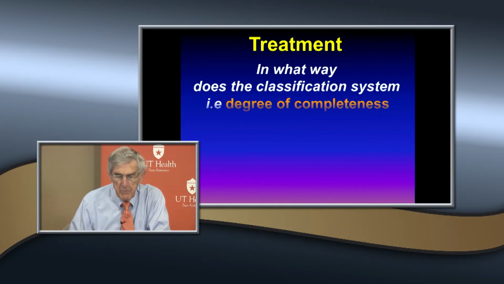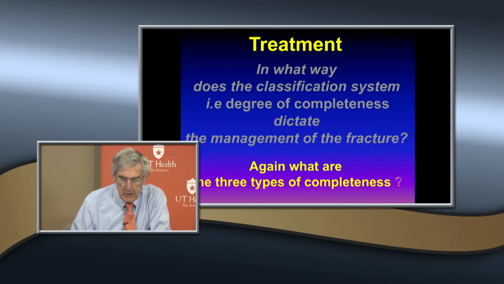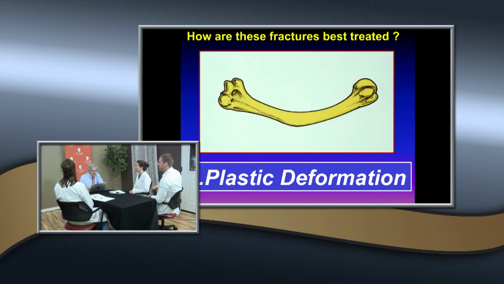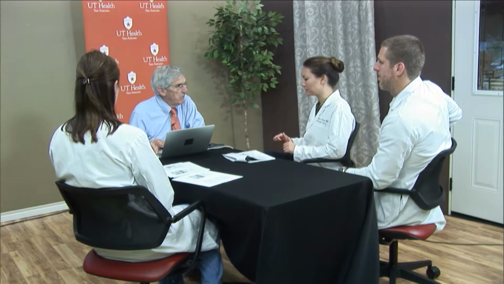Okay, the treatment. So, how do we classify the degrees of completeness? How does that dictate the management of the fracture? And again, what are the three types of completeness? Plastic deformation. How are these best treated? Through a steady pressure through a fulcrum. That's right.